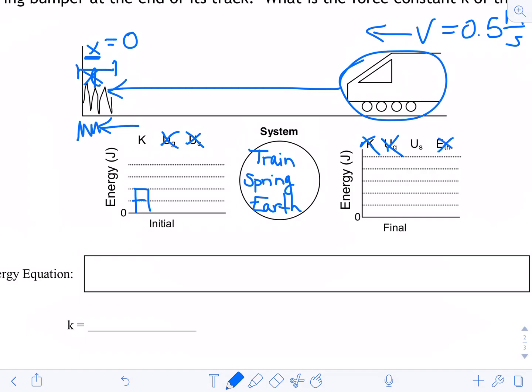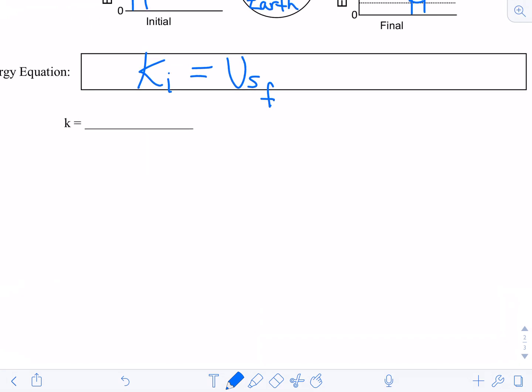We don't have to worry about friction here, so the only thing at the end is spring energy. So our energy equation says that our kinetic energy, which is the only thing we have at the initial, must equal our spring energy at the end. Initial kinetic energy equals final spring energy.